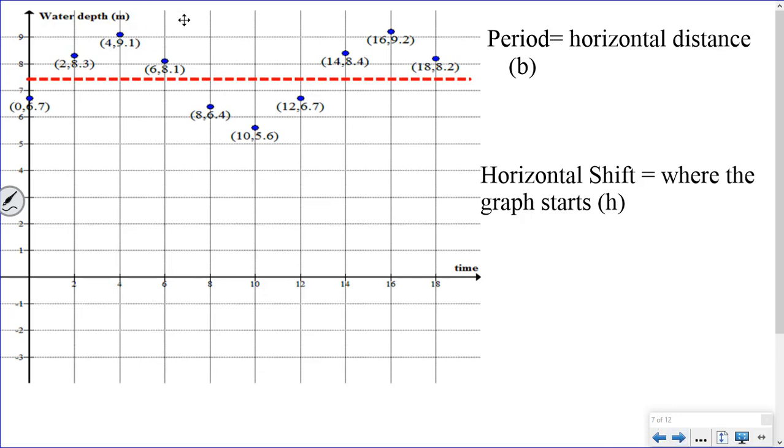If you look at this question right here, we have what looks to be high tide here at 4, and then another high tide here at 16, 12 hours later. That's what tides do: they go in and out, and it takes 12 hours to go from high tide to high tide. So with any of these tide questions, if it's left ambiguous what the period is going to be, assume the period is 12 hours.